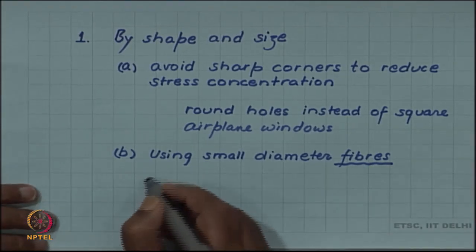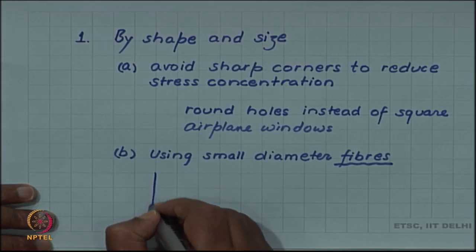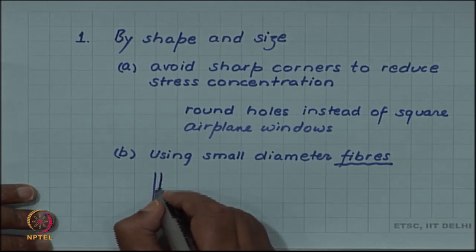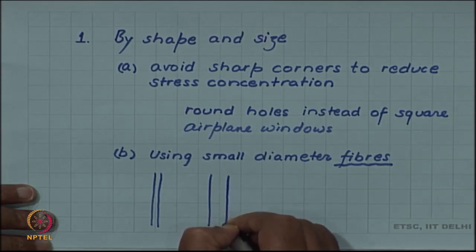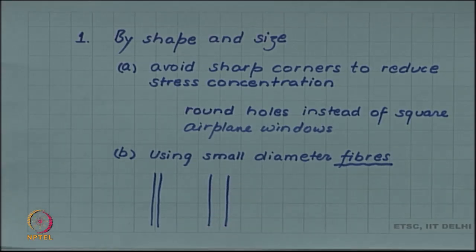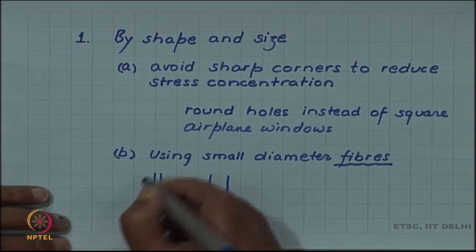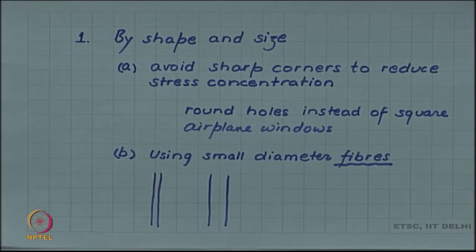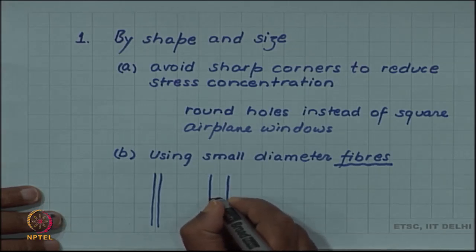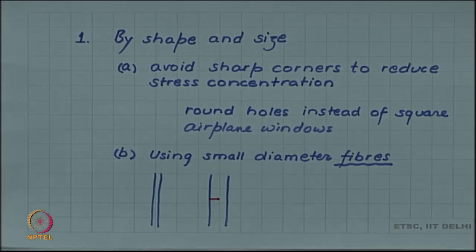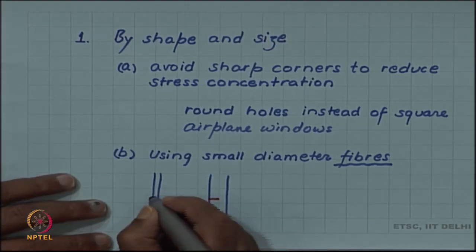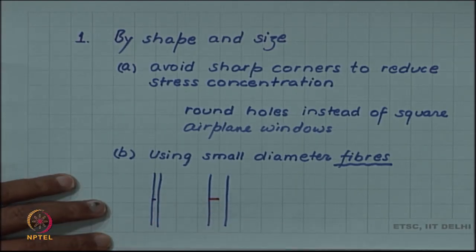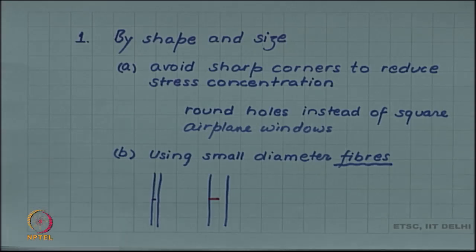A fiber has a much smaller diameter than a rod, and if you think of a crack in this, the largest possible crack in a larger diameter fiber will be much more than the largest possible crack in a smaller diameter fiber.